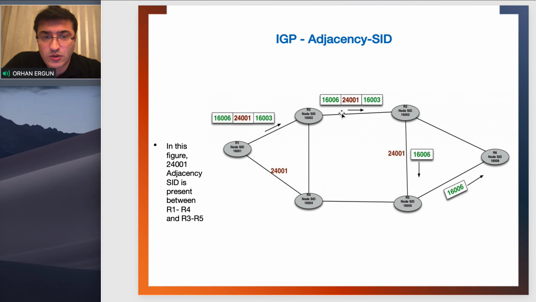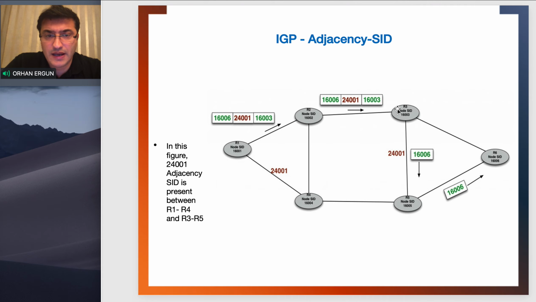From the R1 point of view, obviously this one is the shortest path, so let's say the same cost 10, 10, 10, 10, 20, all others are longer. 10, 20, 30, 10, 20, 30, so longer. So this one is the shortest one. I send the traffic over this way, and normally when this router sends, it needs to do PHP. So, okay, and this one removes it.